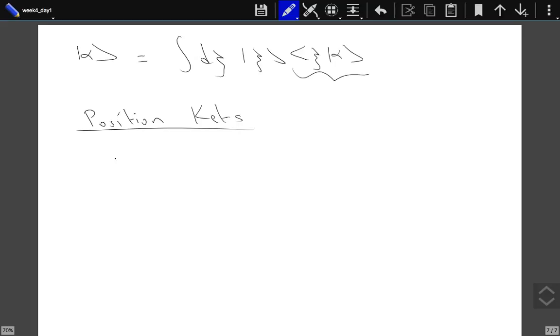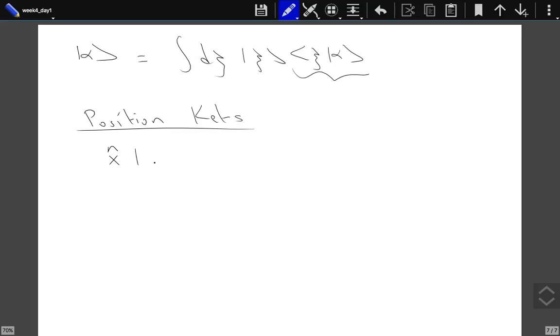Well, basically, position is an observable. So we define an operator corresponding to position. Well, I will use this notation. Your book doesn't use this hat notation, but I will, as much as possible, use this hat notation to denote the operators, if there is any possibility of confusion between the operator and its eigenvalues.